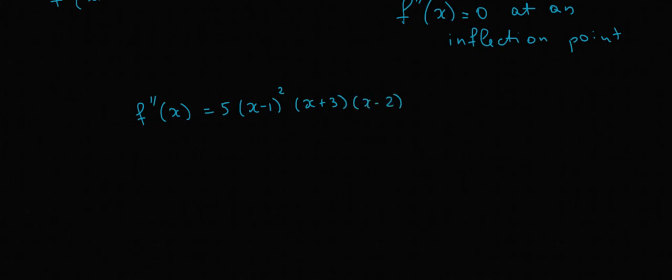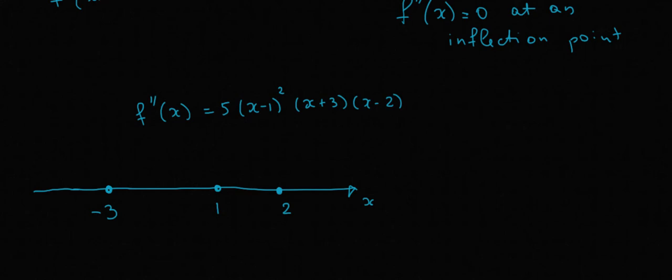And so I'm going to draw the number line, the x-axis, and I will mark the points where the second derivative is equal to 0 on this number line. So one such point is -3. Another point is 1. And then another point is 2.